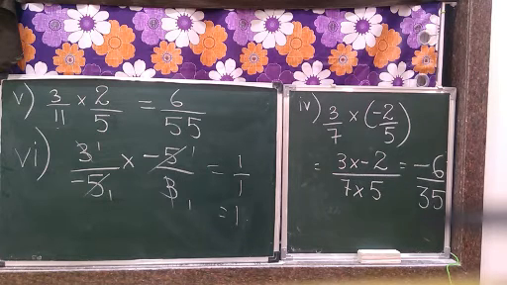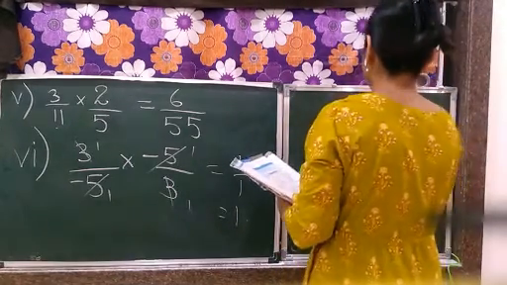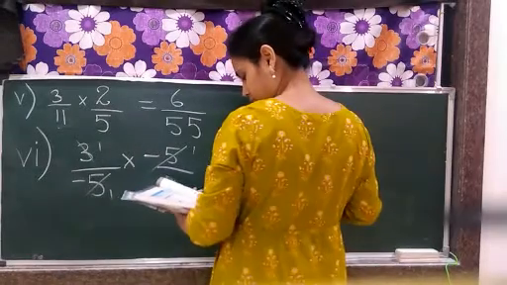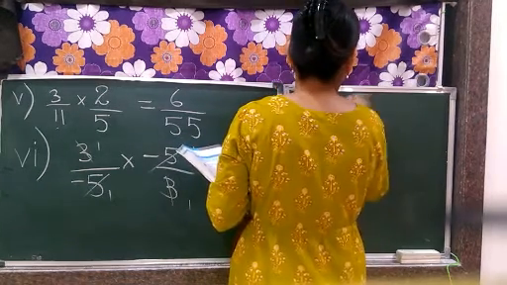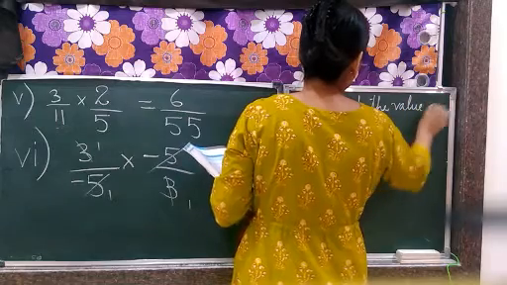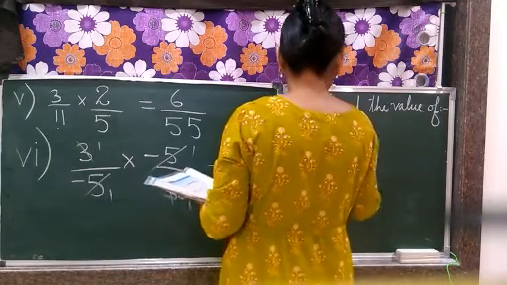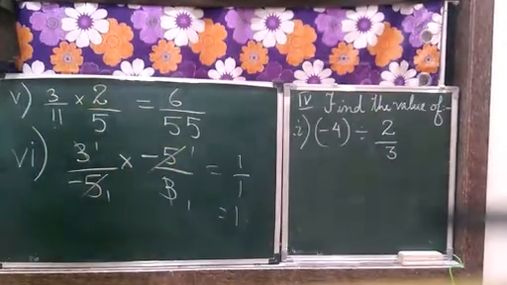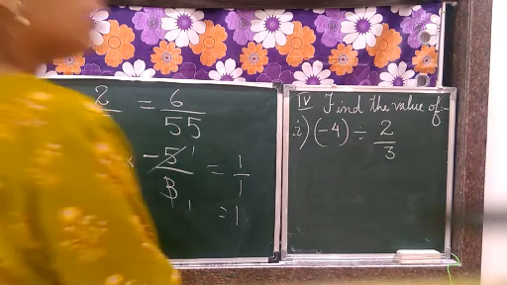Question number 4 is find the value of. We divide the two rational numbers by multiplying the first rational number to the reciprocal of the second rational number.